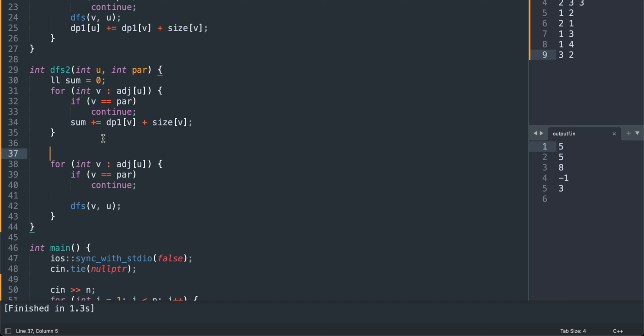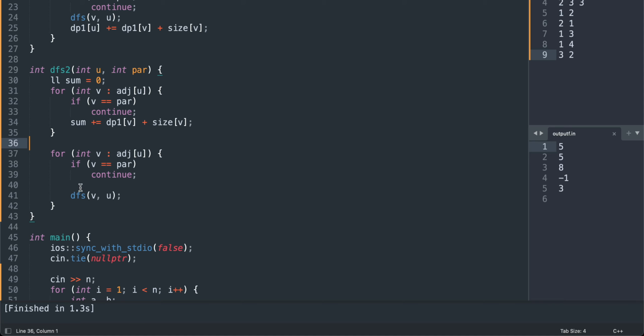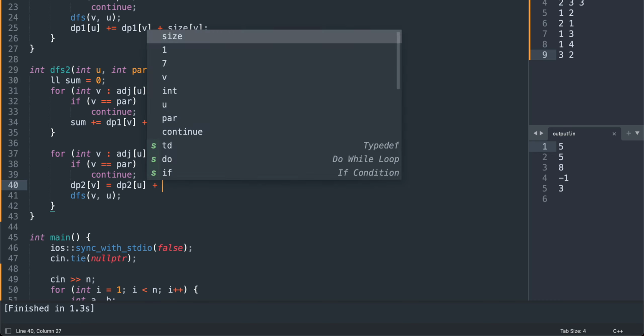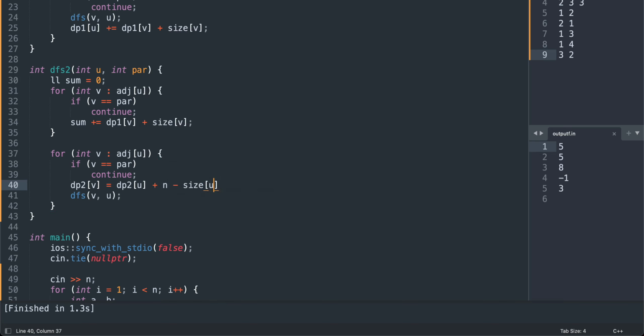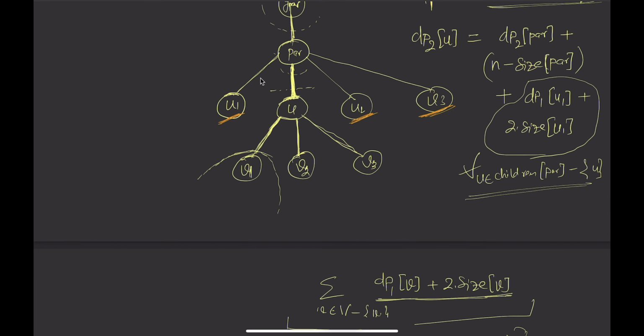So dp2 of v is nothing but dp2 of u, because I already know the answer for this, plus n minus size of u, because everything will increment by n minus size of u, plus these other children's sum, which is dp1 of v1 plus 2 times size of v1.